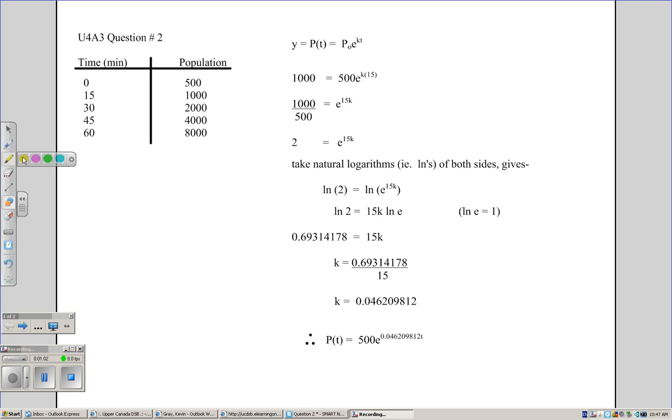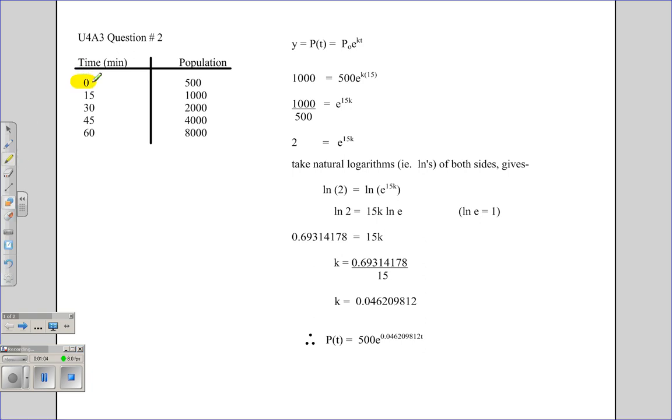Set up the table of values. A real simple doubling problem here: every 15 minutes the population starting at 500 doubles, so you can really quickly get a quick table of values. The formula we're going to use is this one right here.